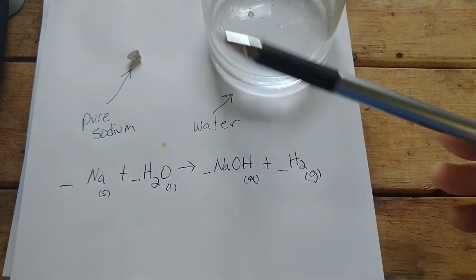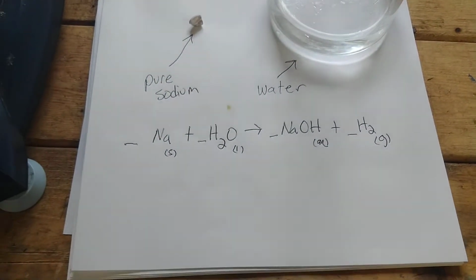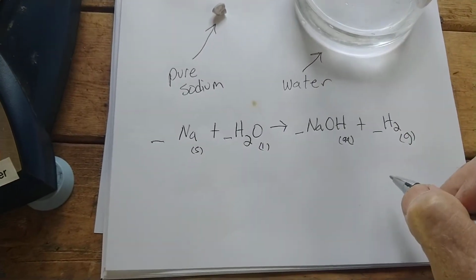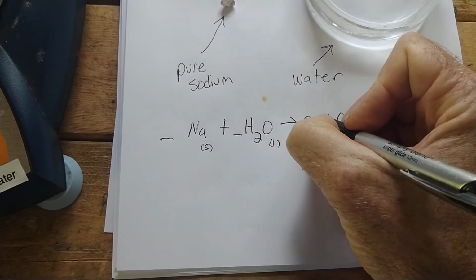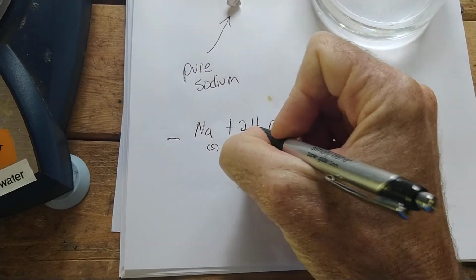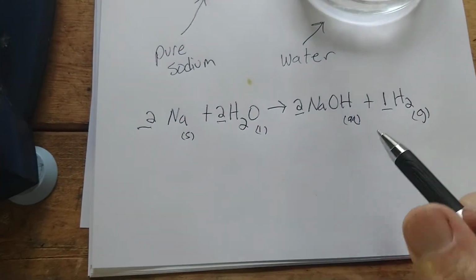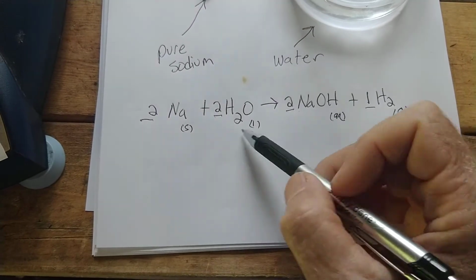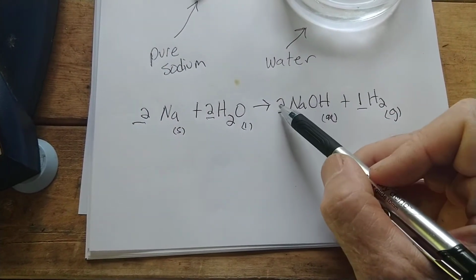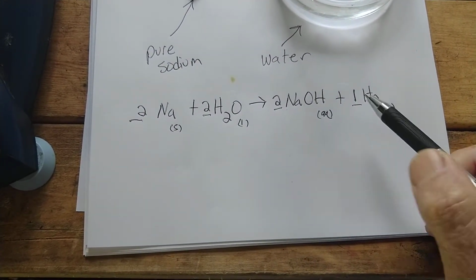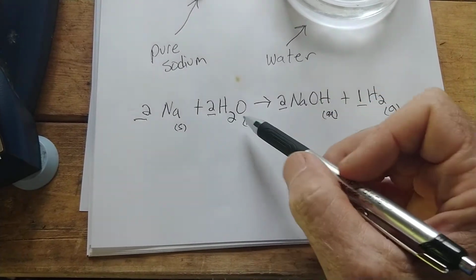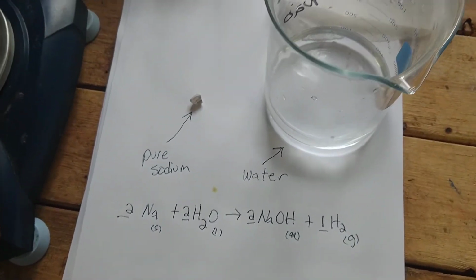That's right, it's balance the chemical reaction. So if we balance this reaction, we'll end up with a 2 here, a 2 here, a 2 here, and a 1. We can check that. 2 sodiums, 4 hydrogens, 4 hydrogens, 2 sodiums, 2 oxygens, 2 oxygens. It's done. So that was question number 1.